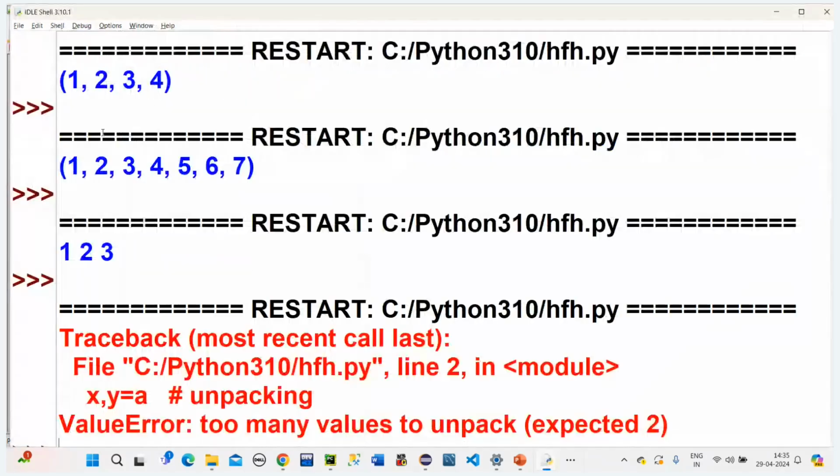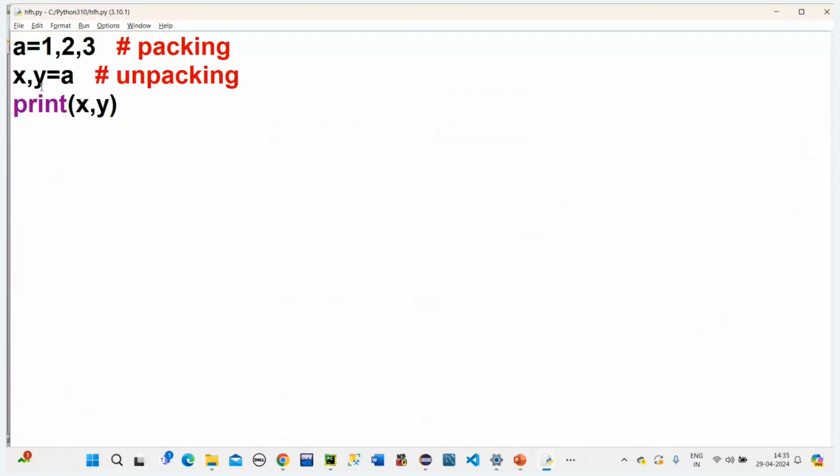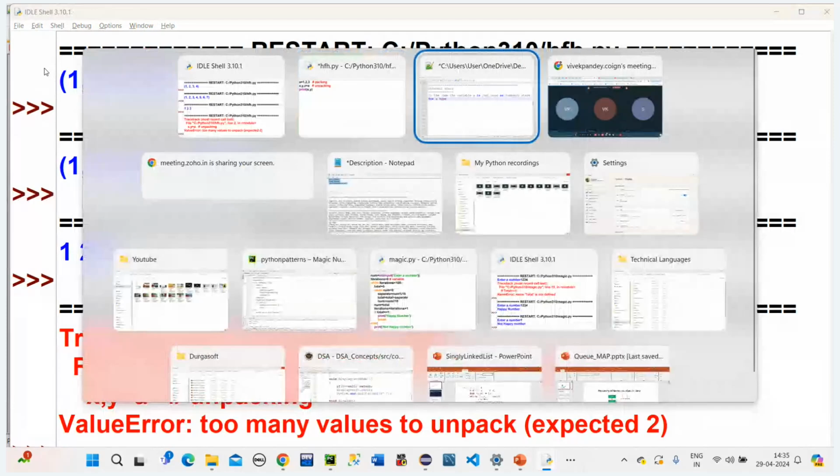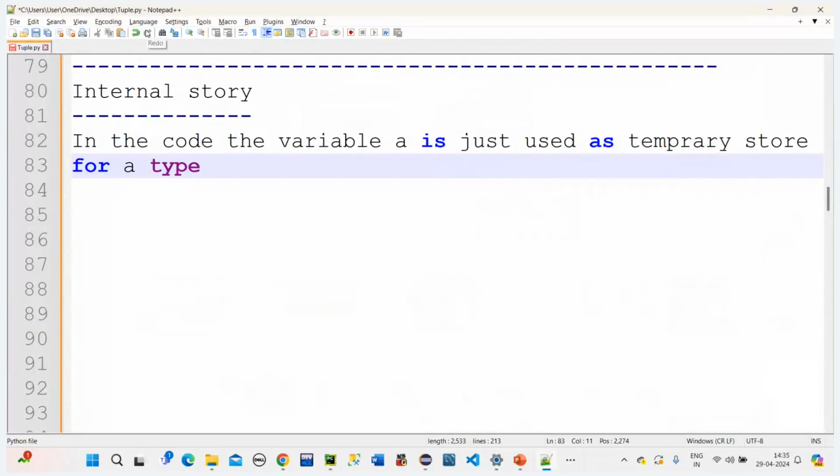So what I mean is, here it is Z. Now here this A is what we are temporarily using. In the place of A, I can directly write XYZ. Yes, that's what it is saying. So that is the first point.